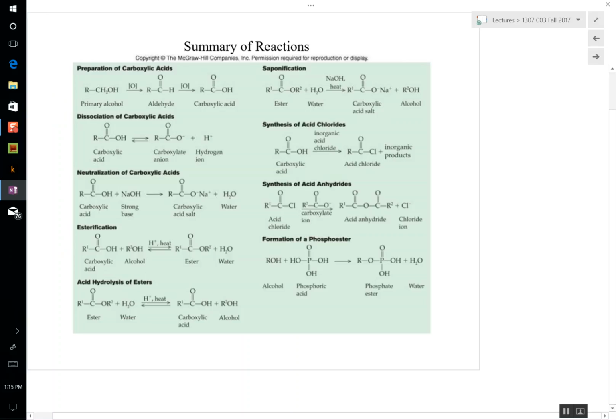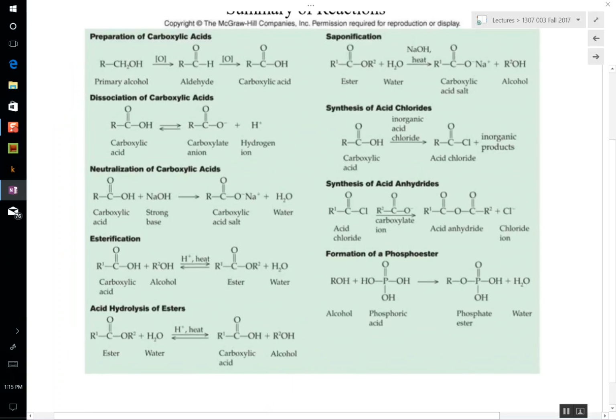And then here is the end of the chapter summary. This is repeating, but there's some other things we'll talk about. So there's preparation, primary alcohol, aldehyde, carboxylic acid, dissociation, neutralization, form a salt and water. Esterification, this plus an alcohol forms an ester plus water. It's a dehydration.